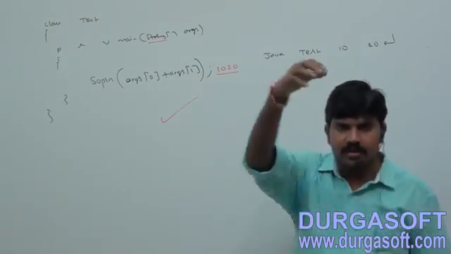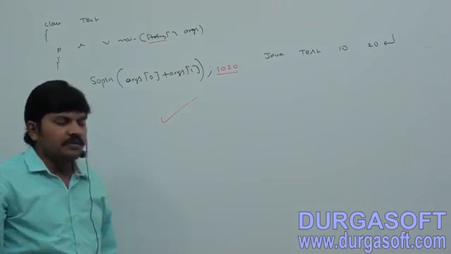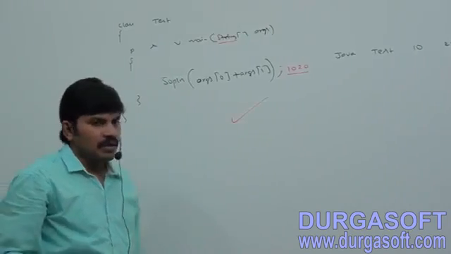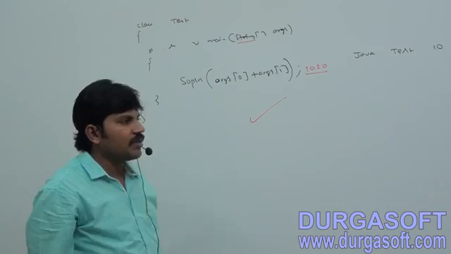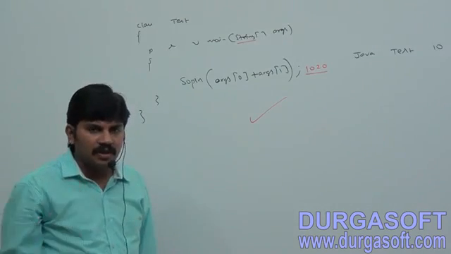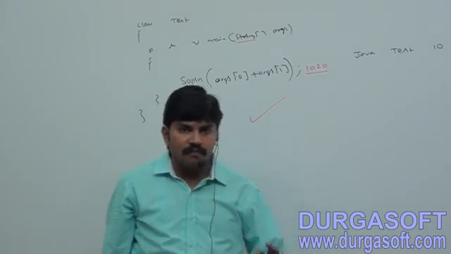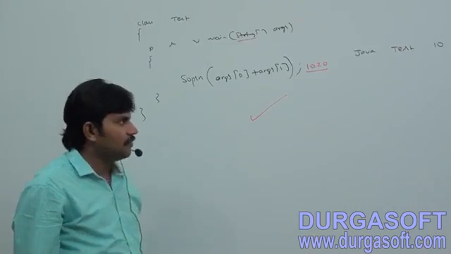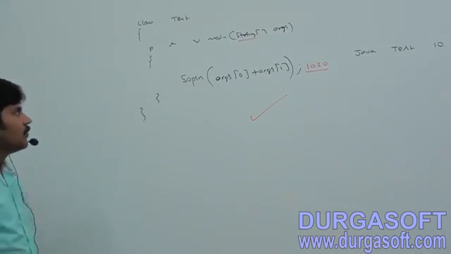Okay, add the theory first. Within the main method, command line arguments are available in string form. Okay, take this example.